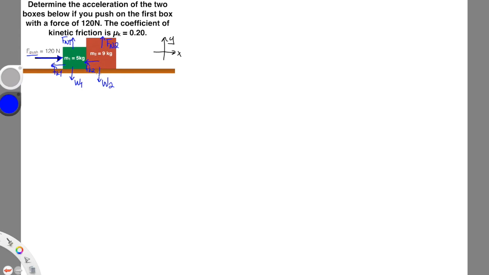But these two boxes are also pushing on each other because the two boxes are in contact. And whenever we have contact, we get a normal force. So we'll have a force acting to the right, the normal force of box 1 pushing on box 2, and a force acting to the left on box 1, the force of box 2 pushing on box 1.